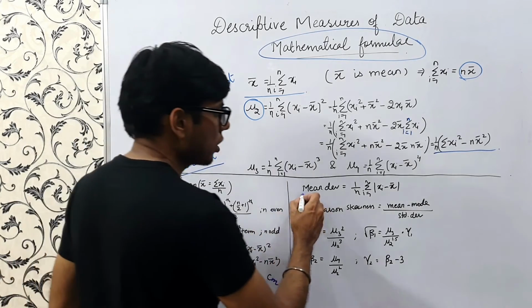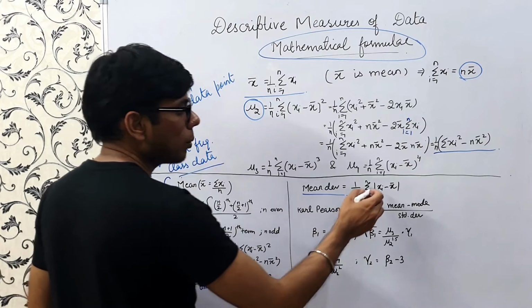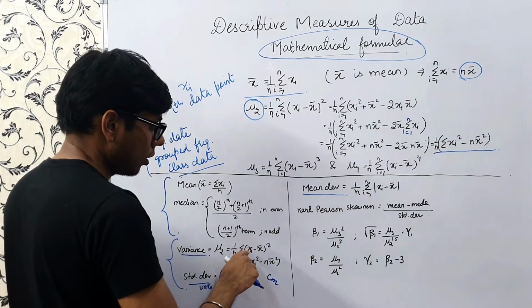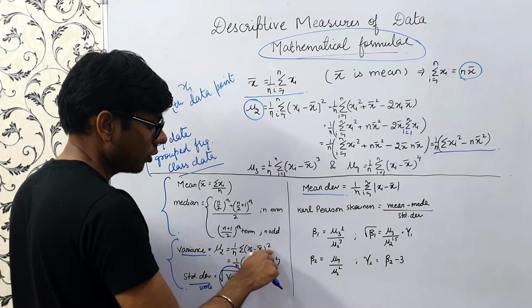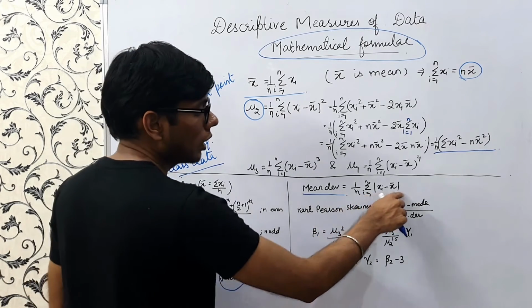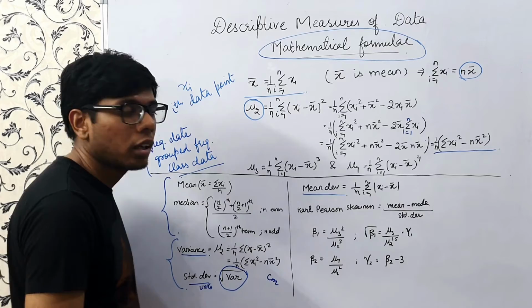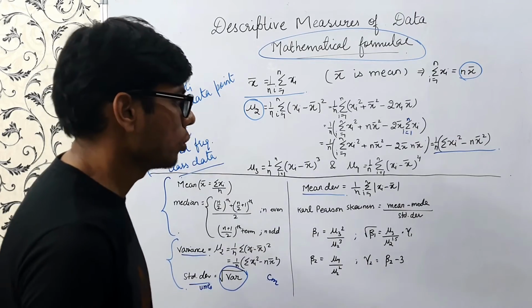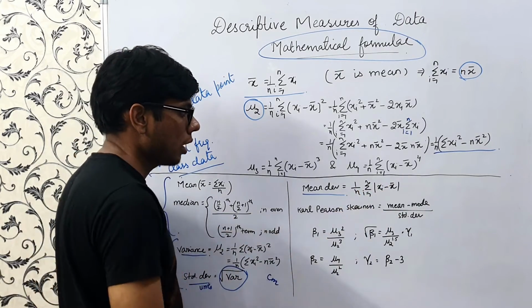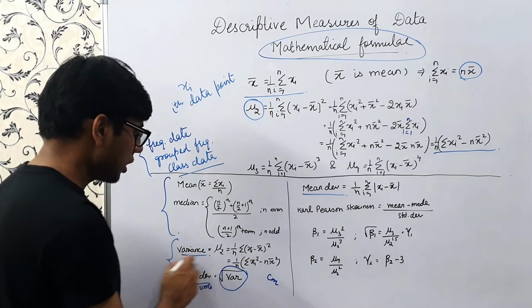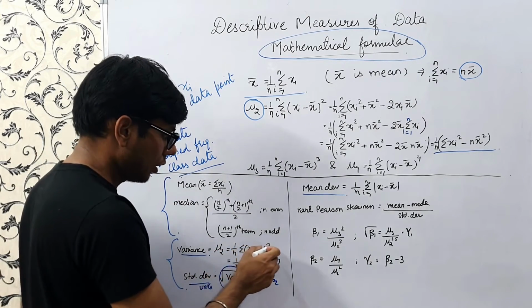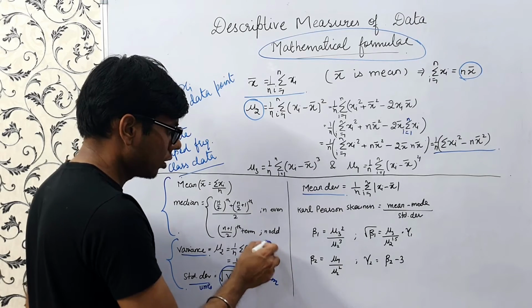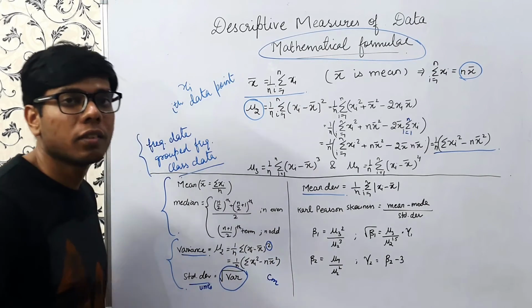This is mean deviation. Here we are not taking the square of the deviations, but the modulus. Modulus means the absolute function, the positive values of xi minus x bar. But standard deviation or variance is widely used because the square function is a nice mathematical function.